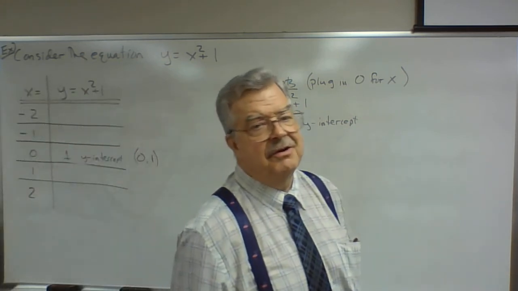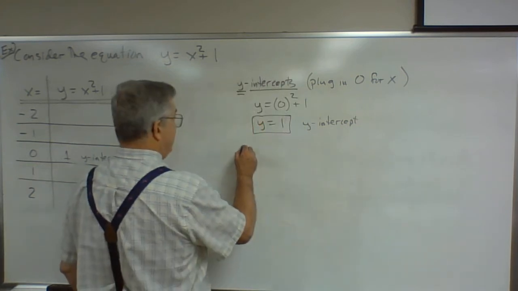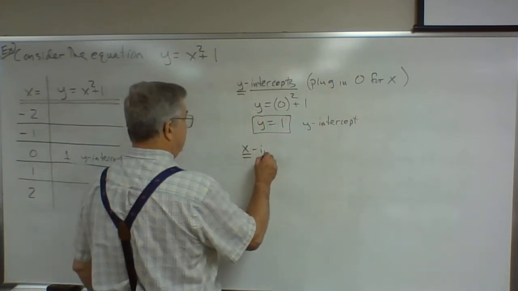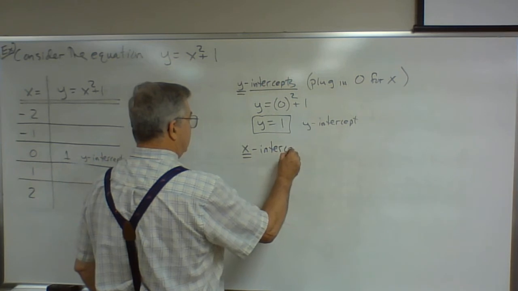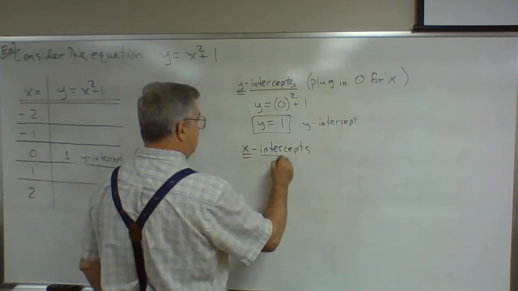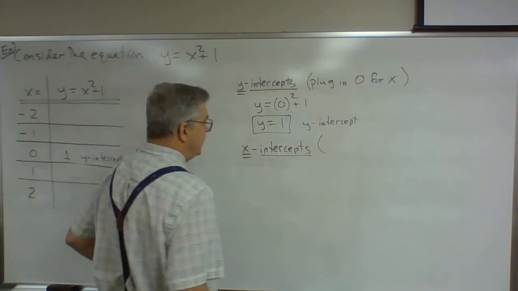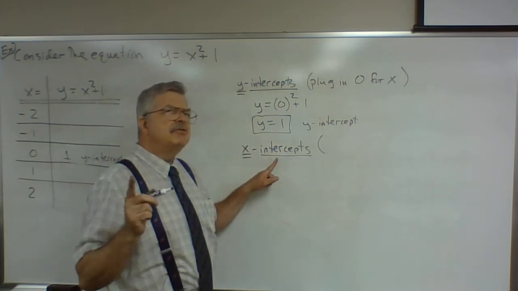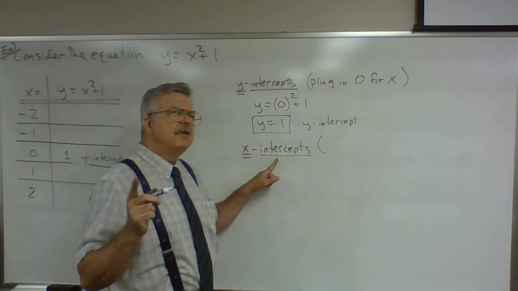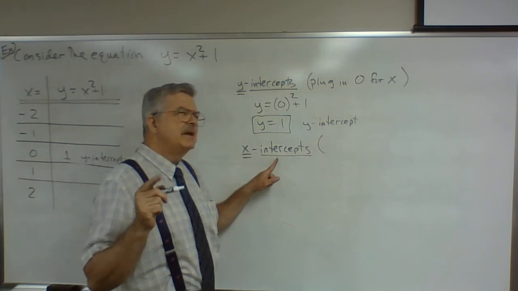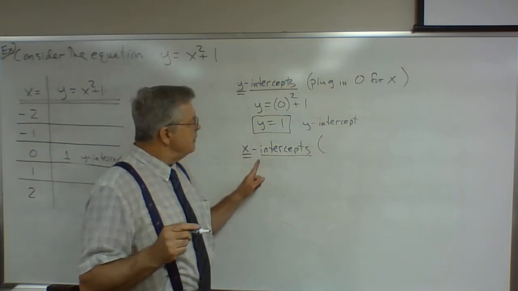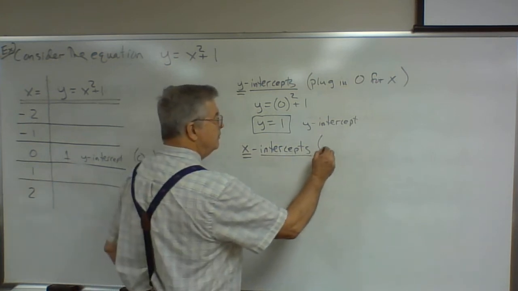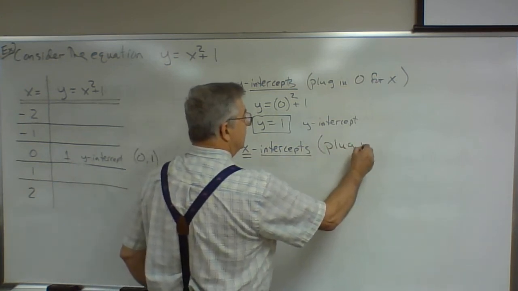Let's do our x-intercepts now. To get x-intercepts, the x-axis is the set of all points where y equals 0. So to get the x-intercepts, we plug in 0 for y.